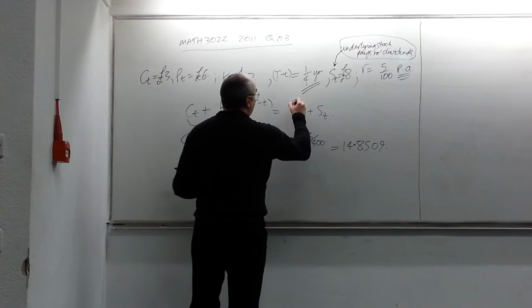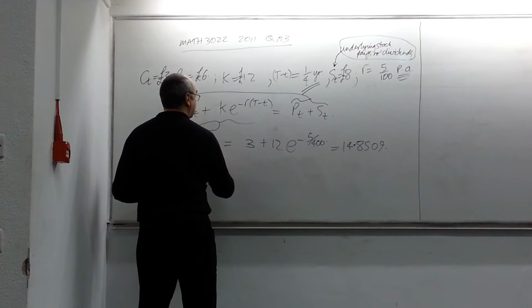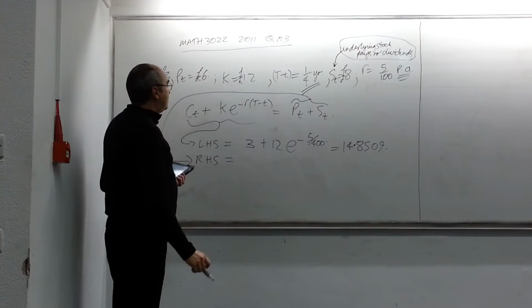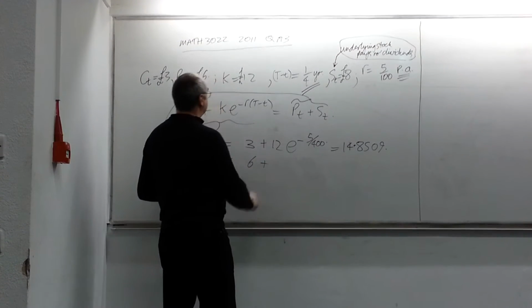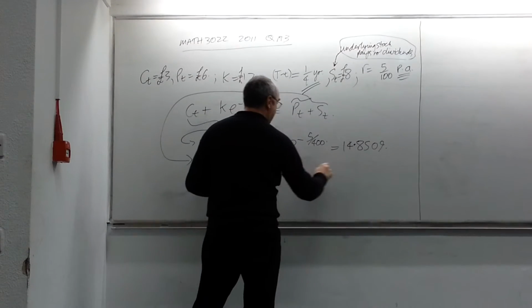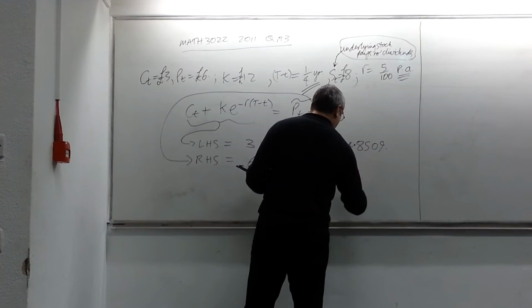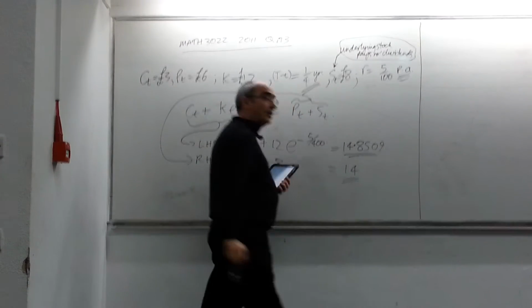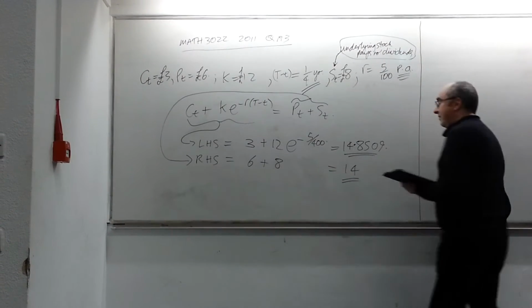The right-hand side is just P_t plus S_t. P_t is 6, S_t is 8, so it's 14. So the left-hand side says that we should have 14.8509.